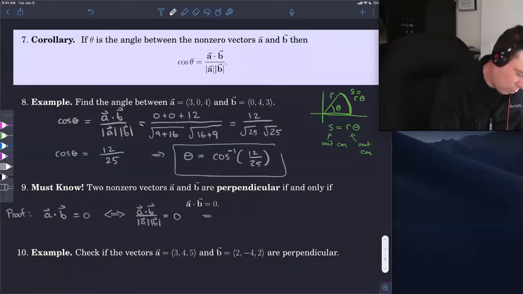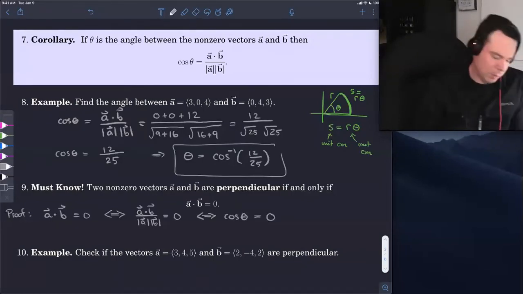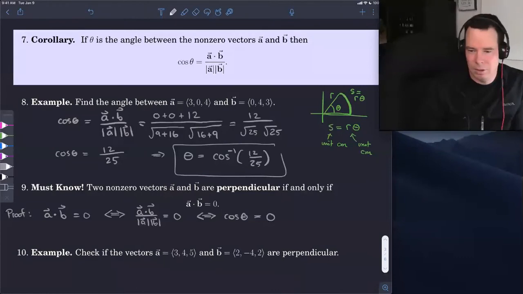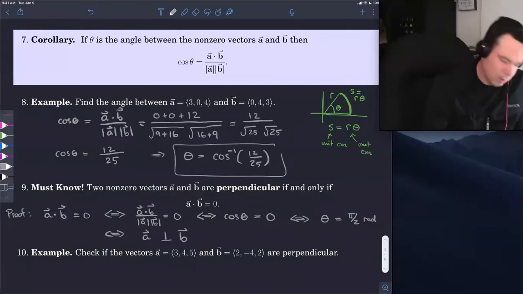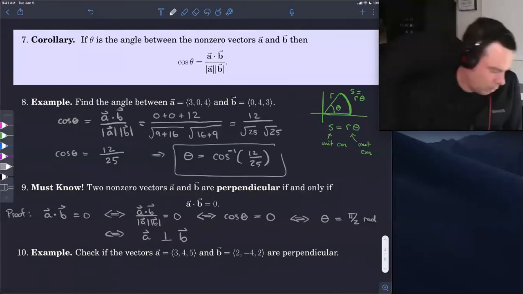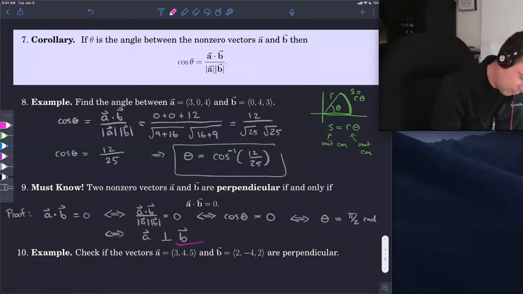And that's equivalent to the cosine of the angle being 0, because that's what the cosine of the angle is: a dot b over the length of a times the length of b. And the cosine of the angle is 0 precisely when theta is equal to pi/2 radians. And that's precisely the case when a is perpendicular to b. This little upside down t is read as perpendicular.